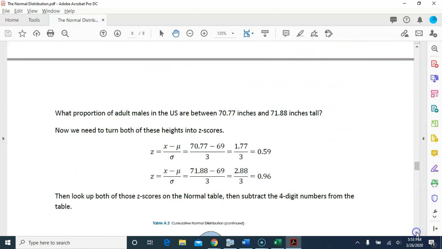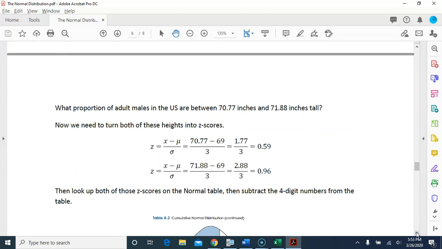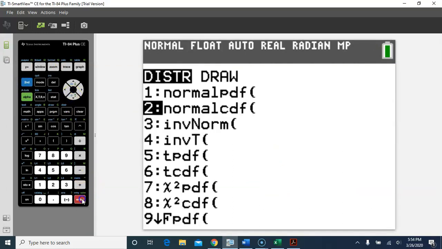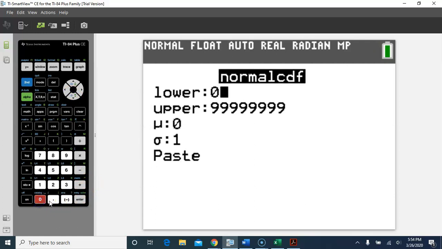And if we have a between problem like this one on the calculator, where we got a z-score of 0.59 and a z-score of 0.96, then we can say second vars, NormalCDF, 0.59 and 0.96.